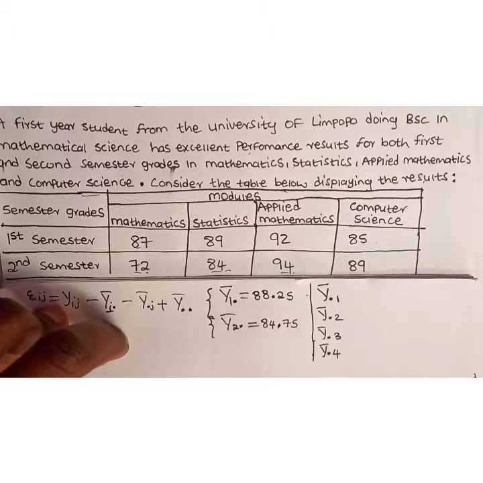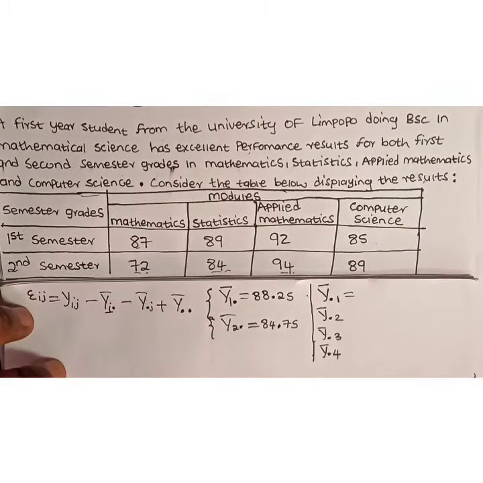Now, what about the means per block? The mean for the first block is given by the average of the first column, and for the second block, the average of the second column. For the third block, the average of the third column, and for the fourth block, the average of the fourth column. So our means will be given by y bar dot 1, which is 87 plus 72 divided by 2, equivalent to 79.5.